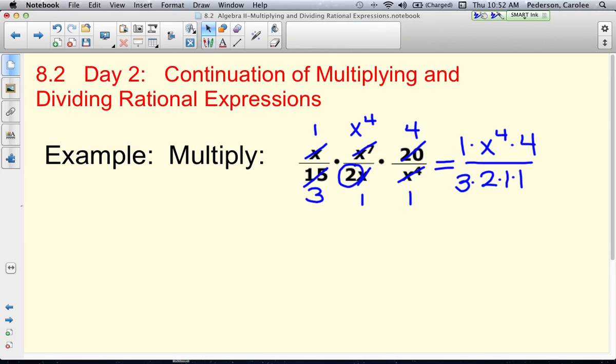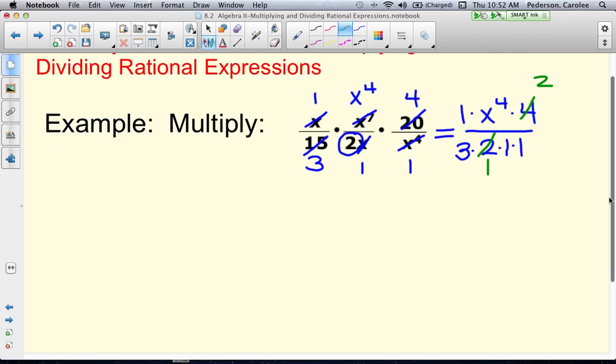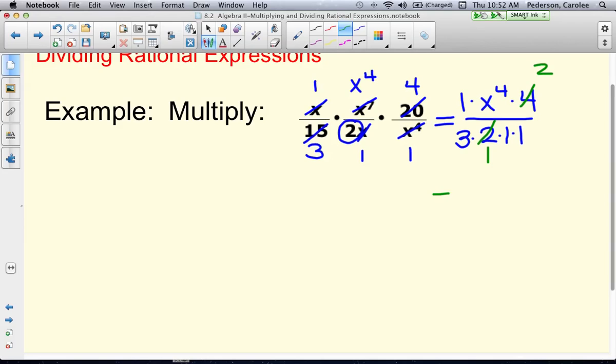Looks like we're going to reduce one more time. 2 and 4. Those become 1s. So our final answer then is 2 times 1 is 2, x to the 4th, over 3 times 1 times 1 times 1 is 3. And there's our final answer.